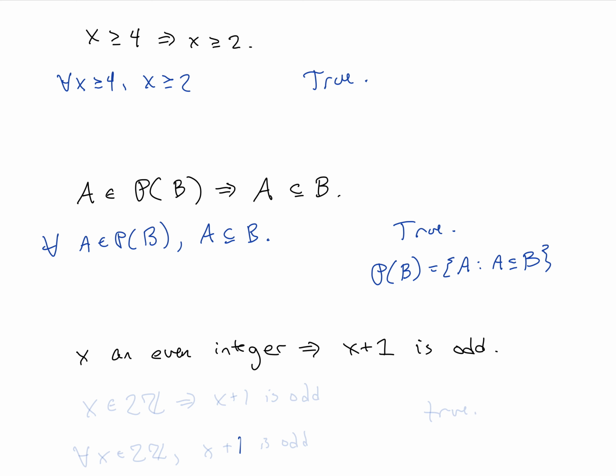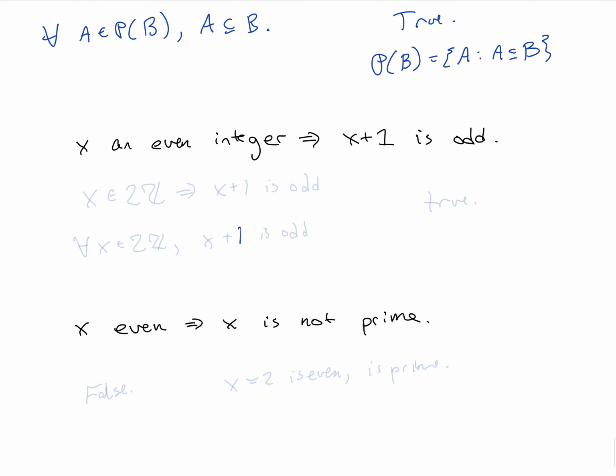Next, x is an even integer implies x plus 1 is odd. So if x is an even integer, x an element of 2Z, implies x plus 1 is odd. We could say that, or we could say for any x in 2Z, any x in the even integers, x plus 1 is odd. Yes, this is a true statement.